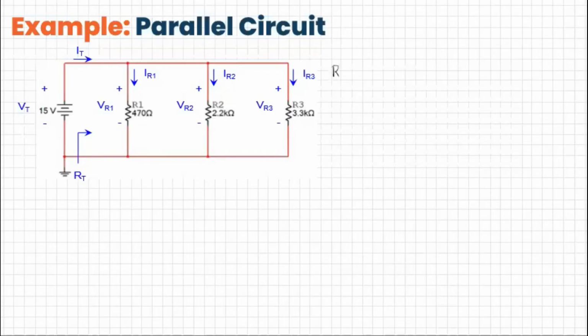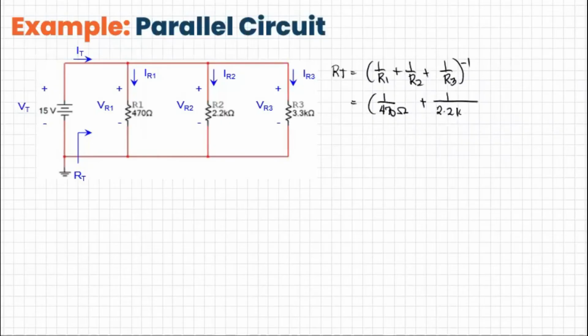Let's compute for RT. RT is equal to (1 over R1 plus 1 over R2 plus 1 over R3) raised to negative 1. That is 1 over 470 ohms plus 1 over 2.2 kilo ohms, taking note that kilo ohms is times 10 raised to positive 3 ohms, plus 1 over 3.3 kilo ohms, all raised to negative 1.